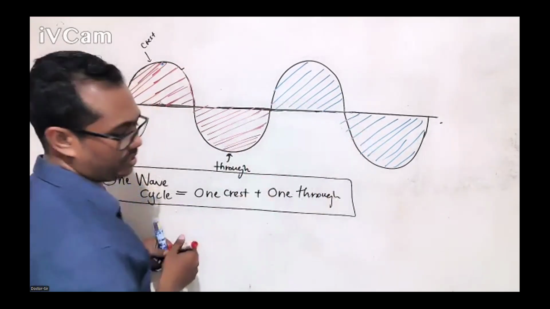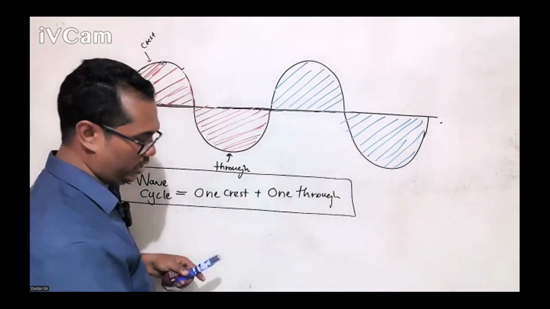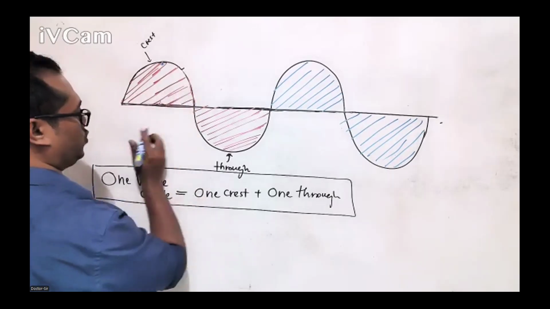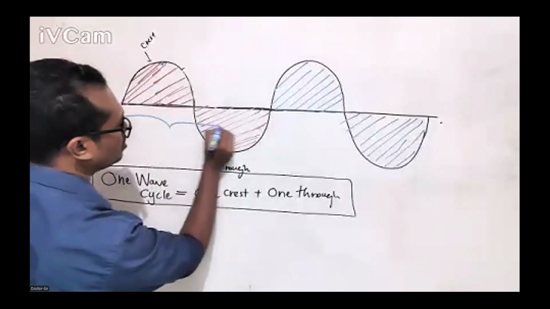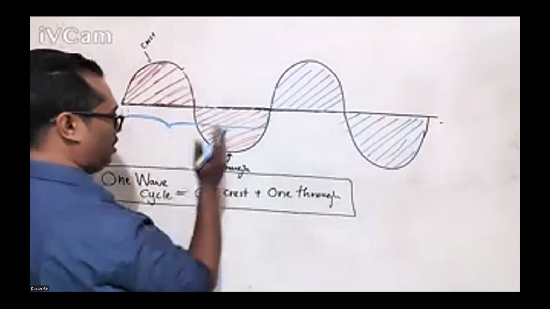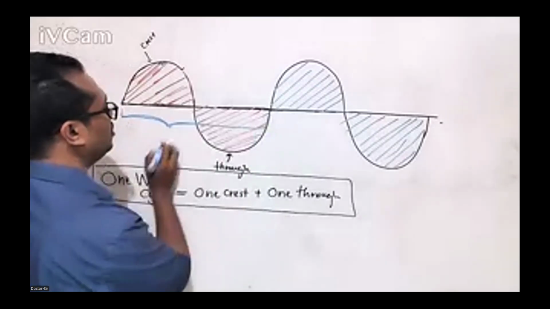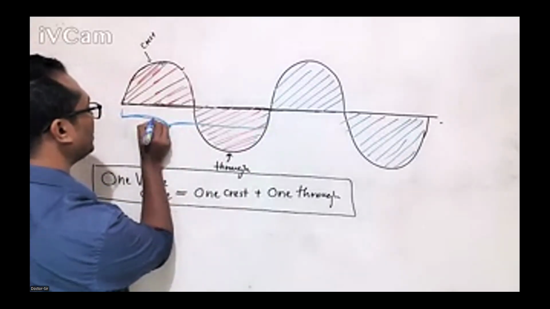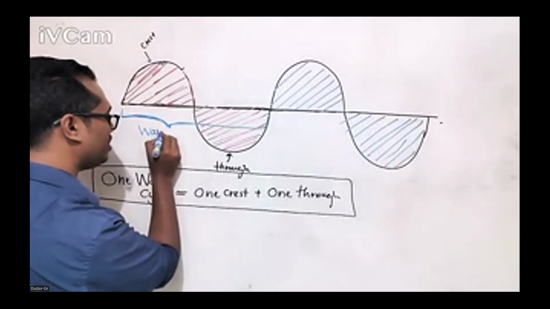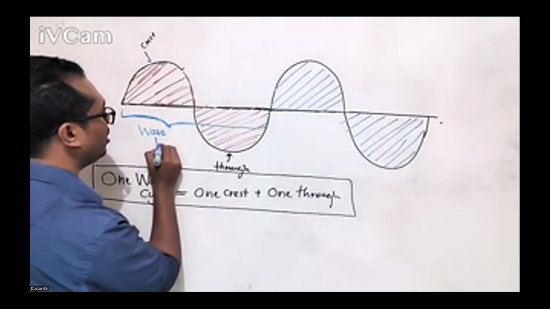The blue colored area is one wave cycle, right? So length for one wave cycle, from here to here, there is one wave cycle. So we can say that is a wavelength. That length is equal to the wavelength.